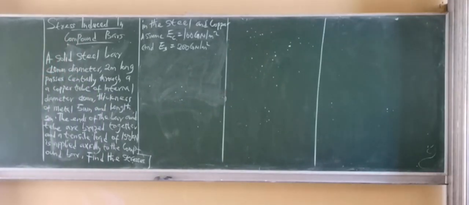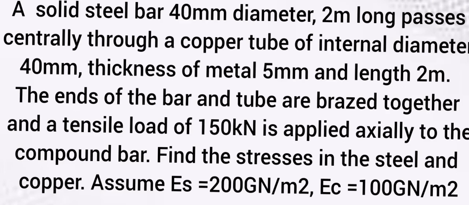Okay, so let's say we are given a problem. A solid steel bar, 40 millimeter diameter, 2 meters long, passes centrally through a copper tube of internal diameter 40 millimeter, thickness of metal 5 millimeter, and length 2 meters.